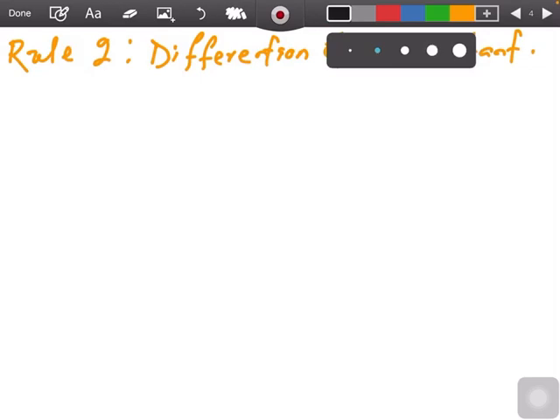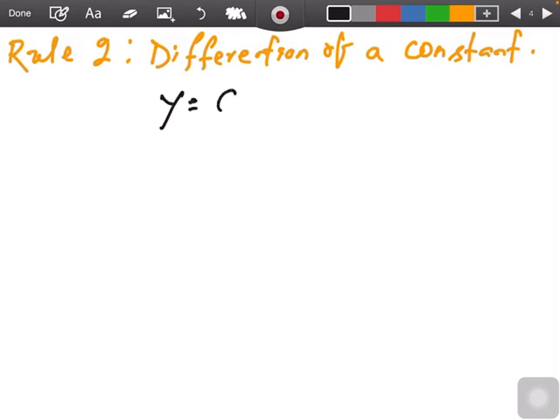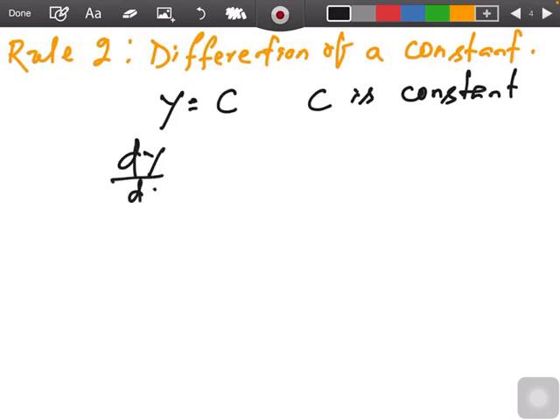Suppose y is equal to c. Here c is a constant. So what is the derivative dy by dx? The derivative of a constant is always 0. dy by dx is equal to 0, because in case of constant, there is no change. So derivative will be 0 here.